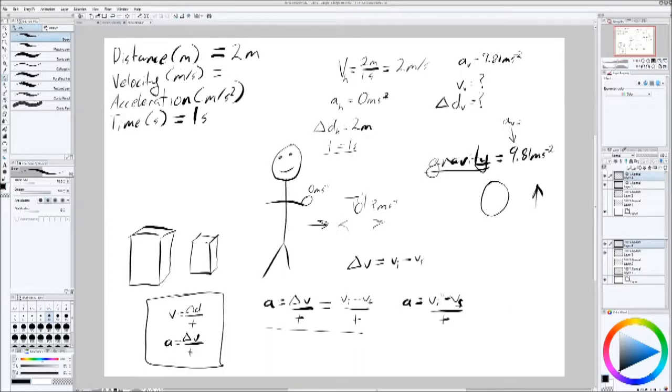So let's multiply both sides by t. So we end up getting AT equals Vi minus Vf. And it's technically over t all times by t, but the two t's cancel each other out, because if you have a number divided by itself, it equals 1 and just disappears. So we can just have it like so.